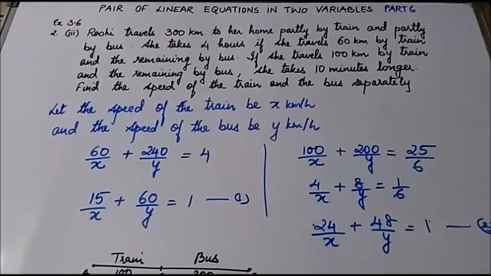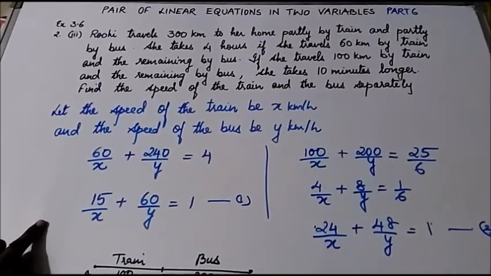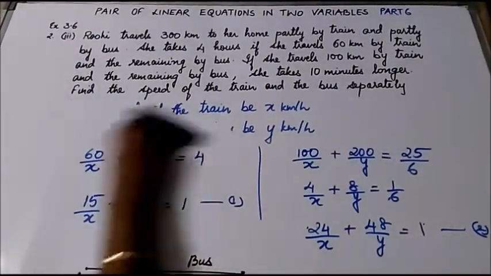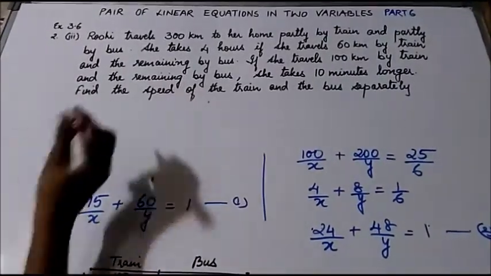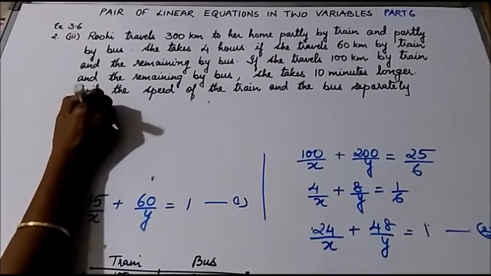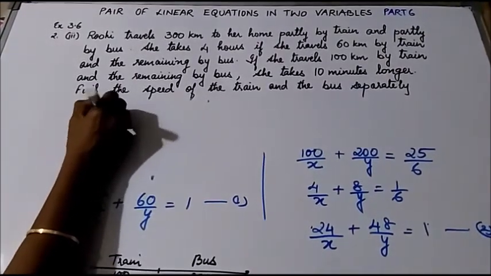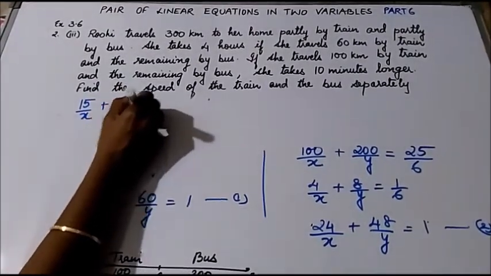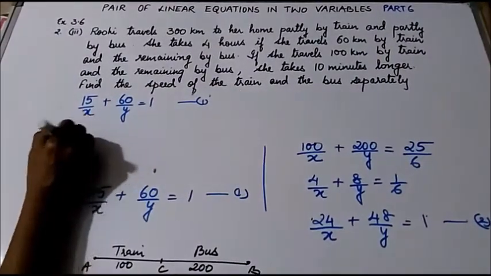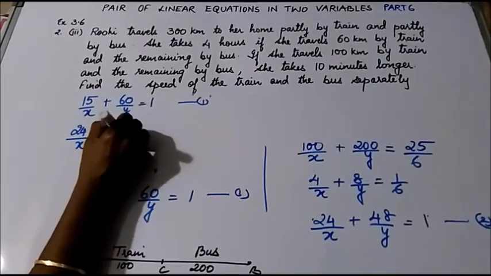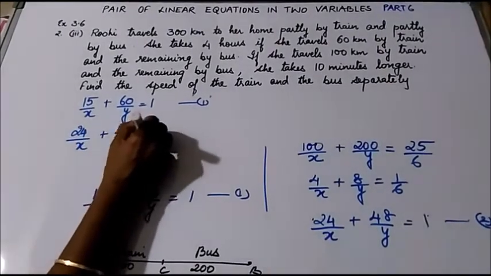Both equations are not linear equations, but they can be reduced to linear equations and we can solve them. So first let us reduce them to linear equations. The first equation that we got here is 15 by x plus 60 by y is equal to 1. And the second equation we got here is 24 by x plus 48 by y is equal to 1.